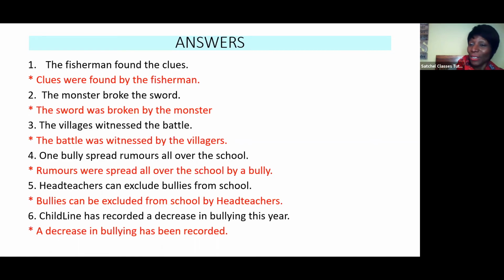Bullies can be excluded from school by head teachers, and a decrease in bullying has been recorded. All of those in red are in the passive. So they're making things sound more helpless and more hopeless, perhaps, or they're just adding an increasing formality to writing.